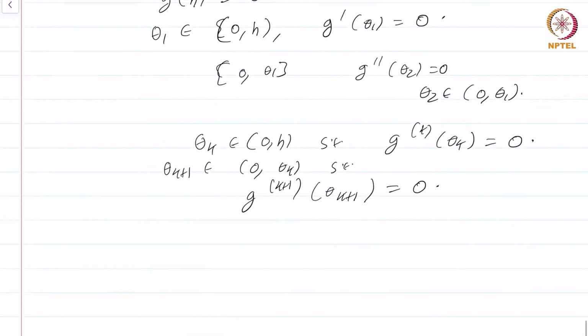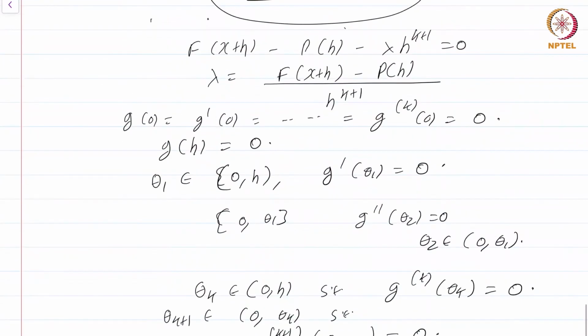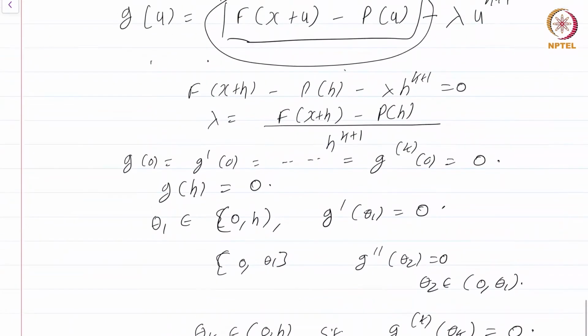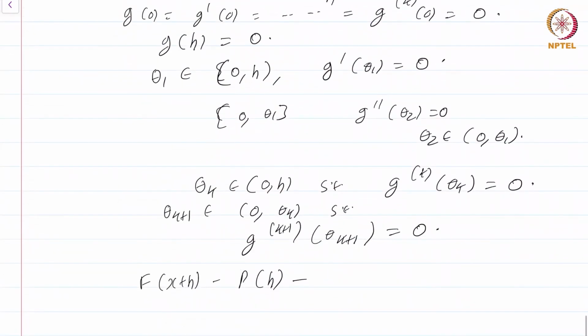Well, how is this useful? We have g of u is f of x plus u minus p of u minus lambda u to the power k plus 1.